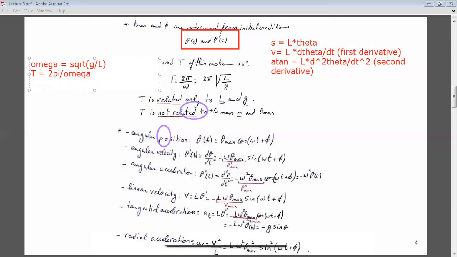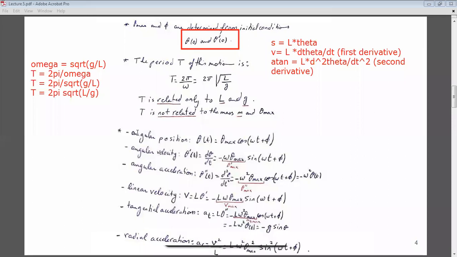So this will give me the period to be 2 pi over the square root of g over L, and this is nothing but 2 pi square root of L over g. So we get the period to be 2 pi square root L over g. Notice that the period doesn't have to do with the mass. No matter what mass you are attaching, the period is not related to it. It's only related to the length of the string.